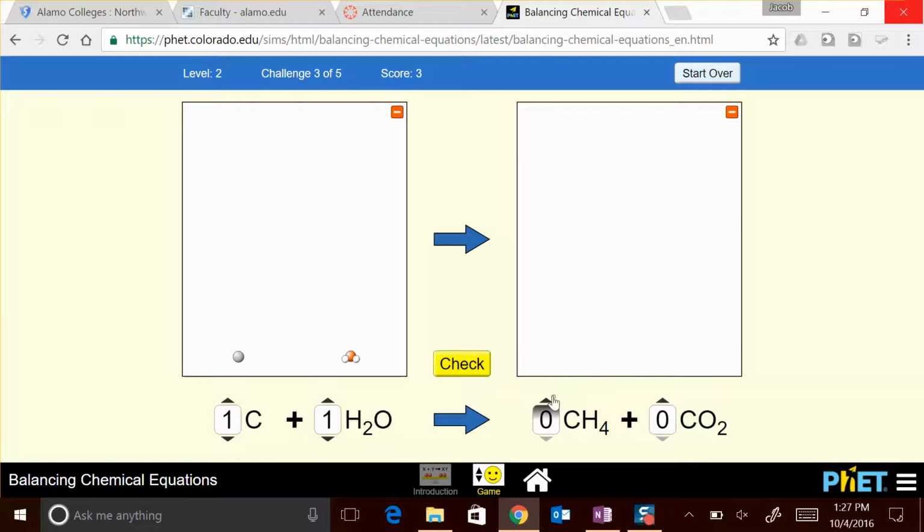Okay, I guess so. It's kind of a little easy. All right, so what do I need to do here? Okay, let's start with the waters. What does that do?